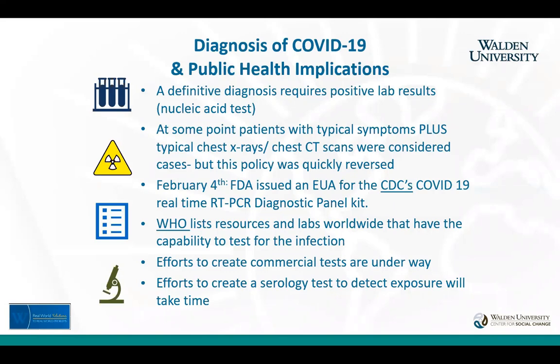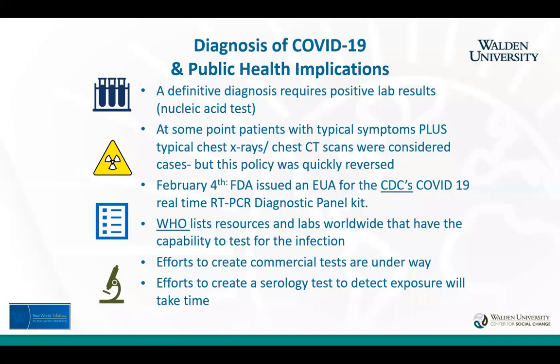So for the definitive diagnosis, there are multiple types of tests, but the most commonly used one is referred to as real-time reverse transcriptase polymerase chain reaction, for short, RT-PCR. Both the CDC and the World Health Organization have created in-house RT-PCR kits that are being used to diagnose the disease. And currently, there are also commercial RT-PCR kits that are capable of diagnosing COVID-19.